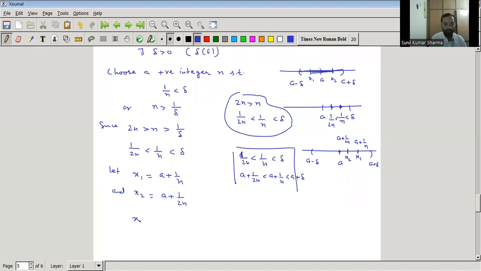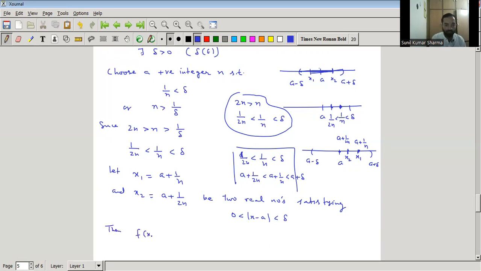These x1 and x2 are two real numbers satisfying 0 less than mod x minus a less than delta. So they are any two points between this interval, the deleted neighborhood of a.